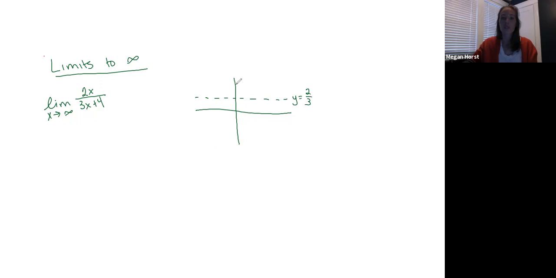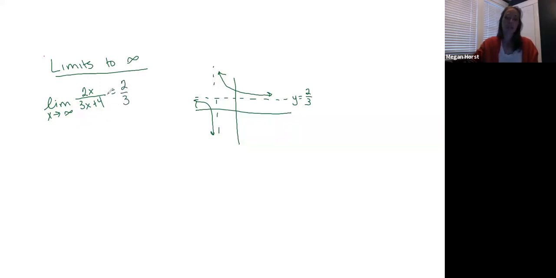So we knew that whatever this function looked like, I'm not quite sure, I would need to graph it. I would assume it would look something like this and like this, that as I go to positive infinity, it's approaching 2/3. So this would be 2/3.